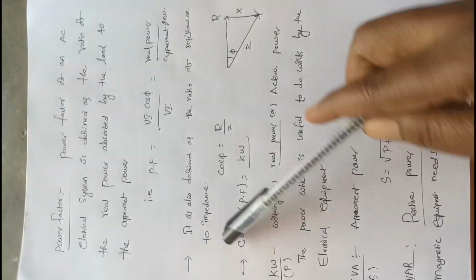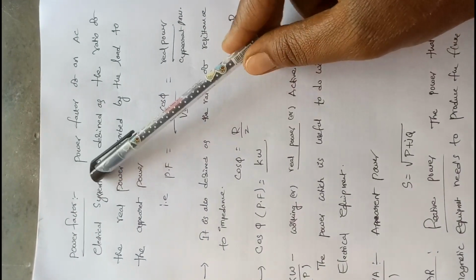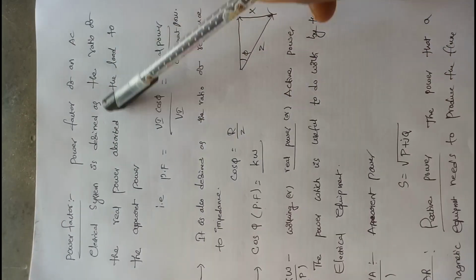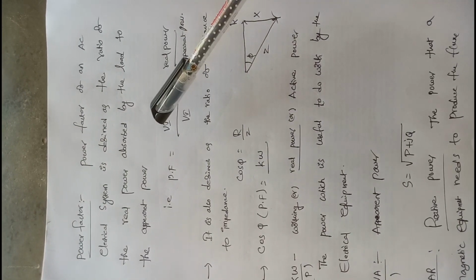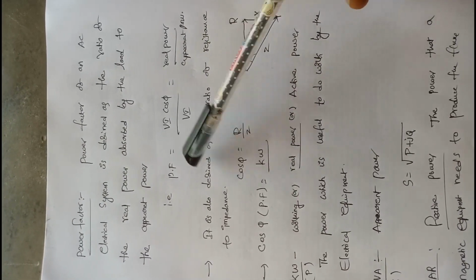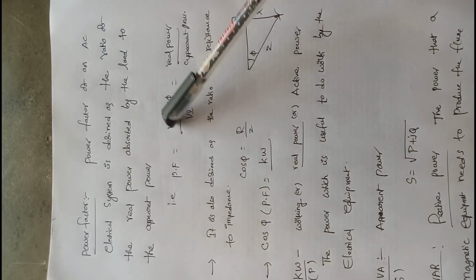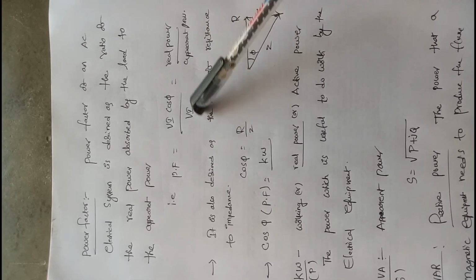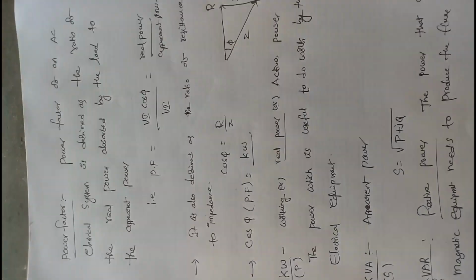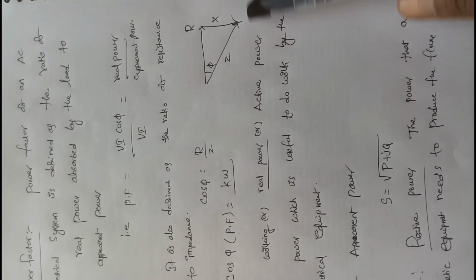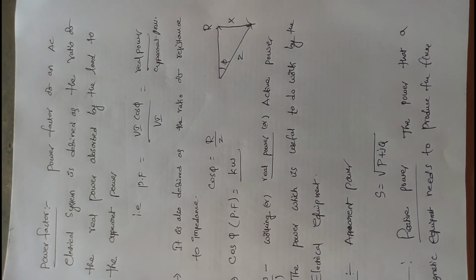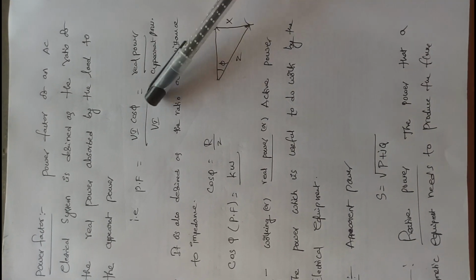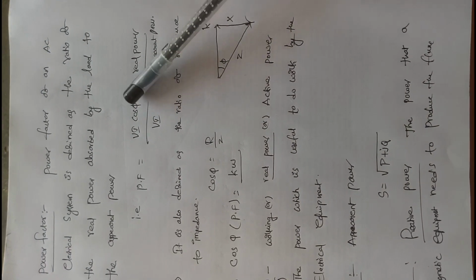Now I have explained what power factor is. Power factor of an electrical system is defined as the ratio of real power to apparent power. That is, real power is VI cos phi and apparent power is VI. The real power divided by apparent power, VI gets cancelled, and you get cos phi.